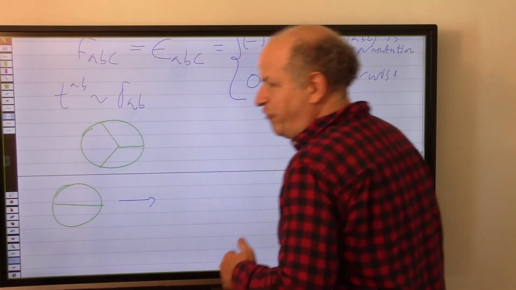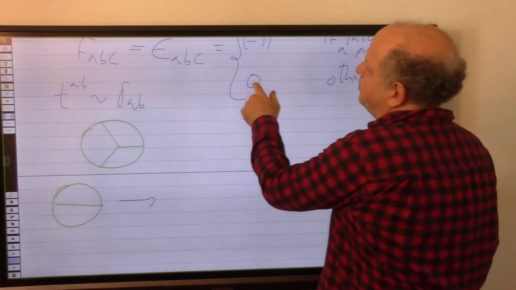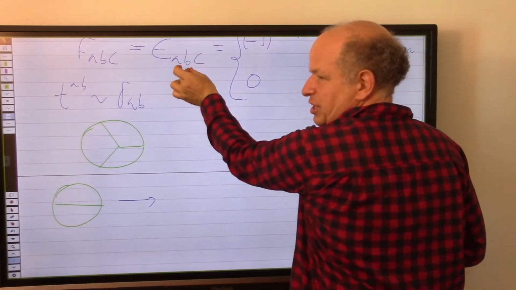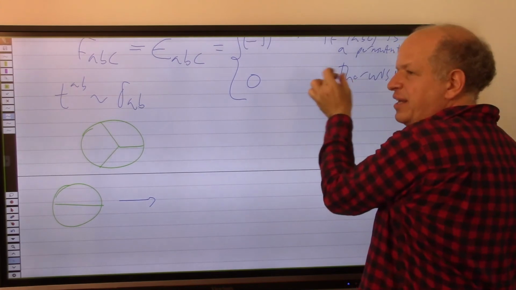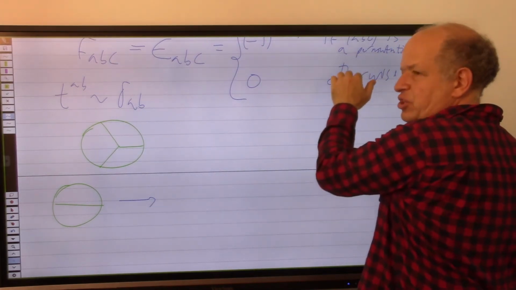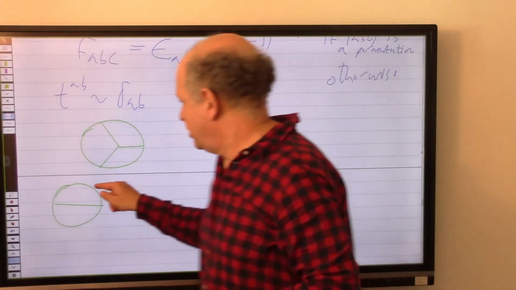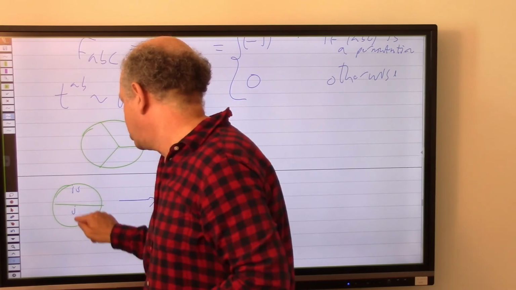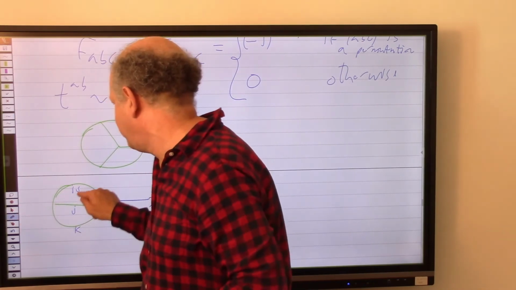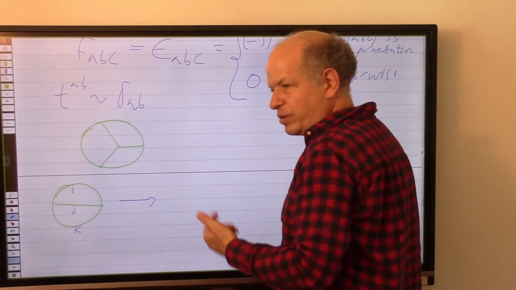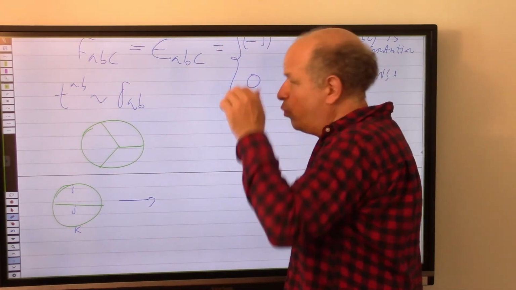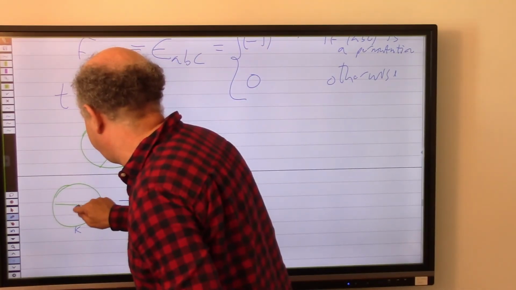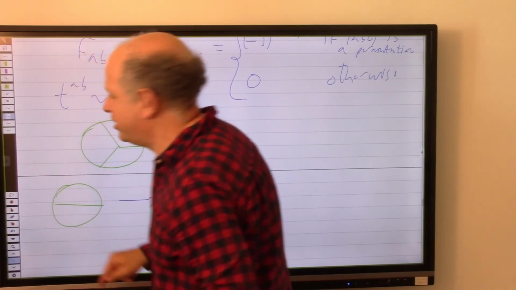The fact that the epsilon symbols are non-zero only if the three numbers are different from each other means... I'm skipping steps.